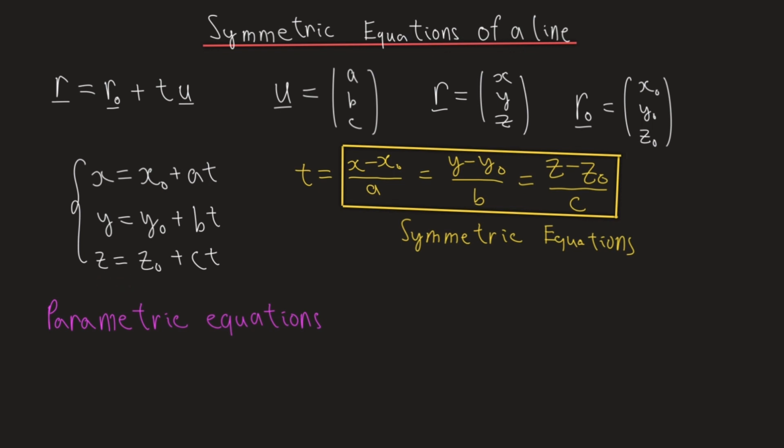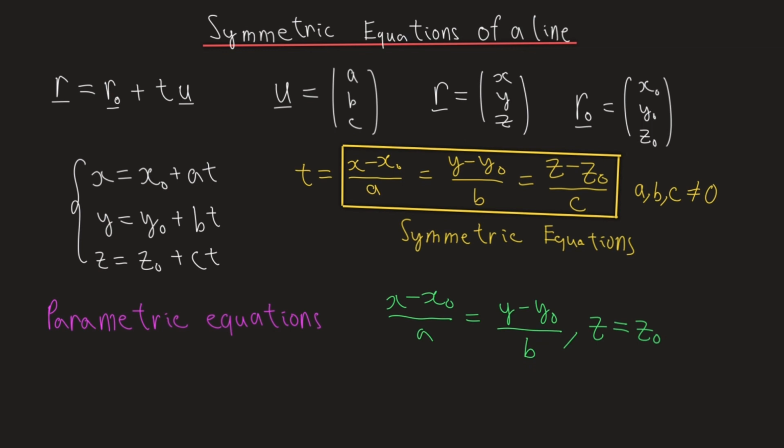And therefore what this means is that our symmetric equations would be in the form x minus x naught divided by a equals y minus y naught divided by b, and finally we would have z equals z naught. But they would not be in the same equation.